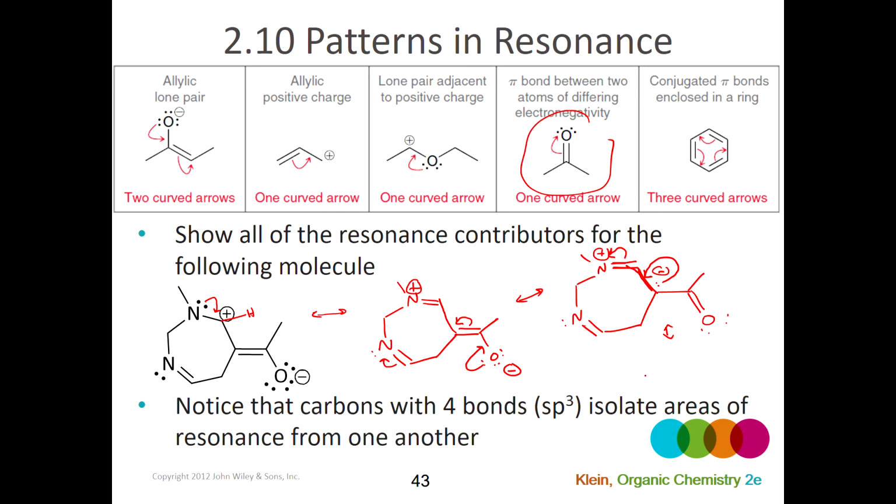So I'll try to draw that one here. So when these electrons move onto the nitrogen, it's going to have a lone pair. This nitrogen still has a lone pair and a double bond.